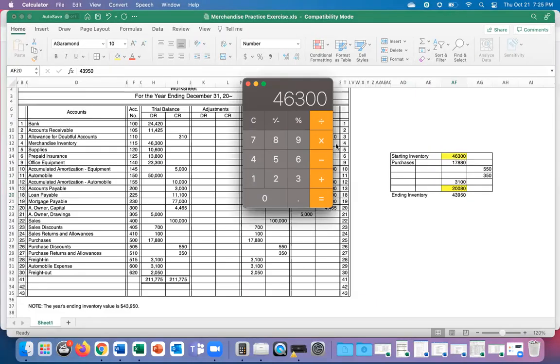So let me add the 20,080. And then we are going to subtract the ending inventory, which is 43,950. And that's going to give us our cost of goods sold, which is $22,430.